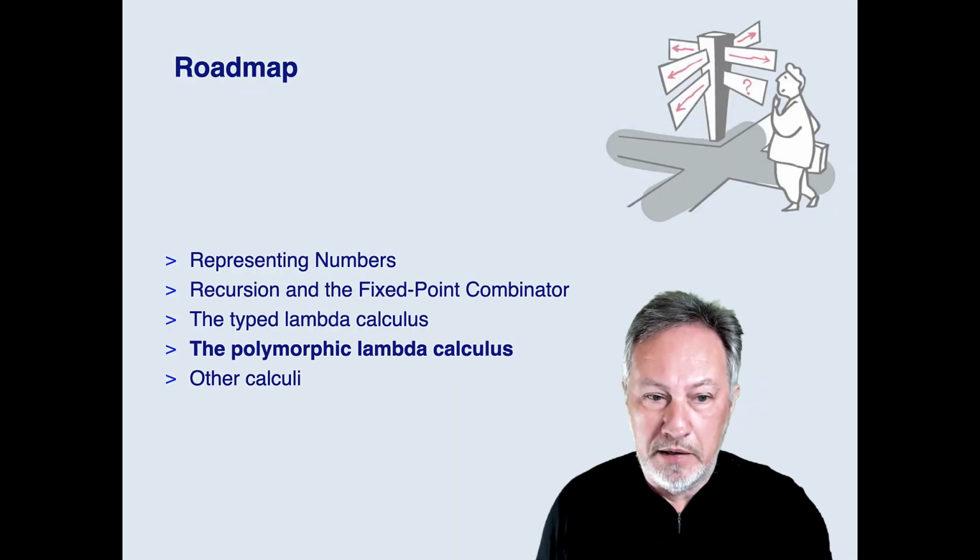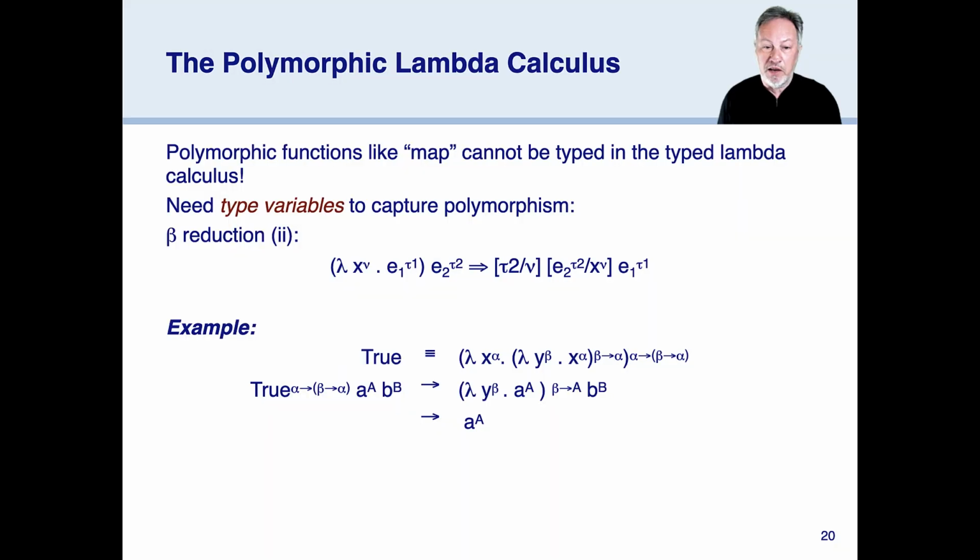So let's have a look at what the polymorphic lambda calculus would look like. Once again, we have a calculus which looks just like our original calculus. If we erase all of the fancy annotations, we'll get the original lambda calculus back, the untyped lambda calculus. What we're doing now is we have, again, annotations that express types.